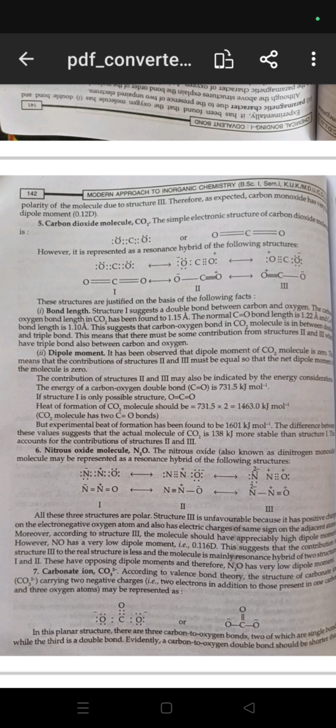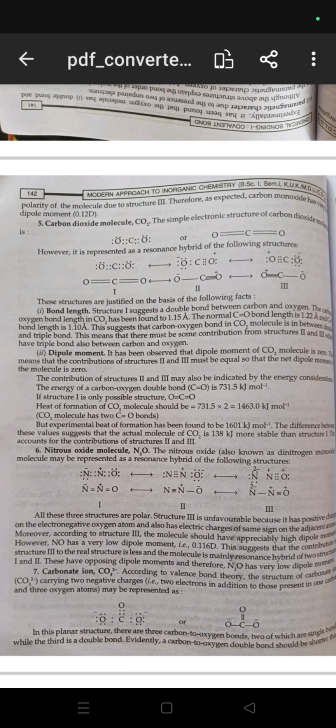However, nitrous oxide has a very low dipole moment. This suggests that the contribution of structure third to the real structure is less, and the molecule is mainly a resonance hybrid of structures first and second. These have opposing dipole moments, and therefore N2O has a very low dipole moment.